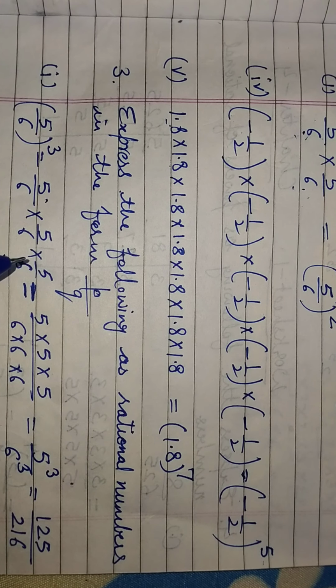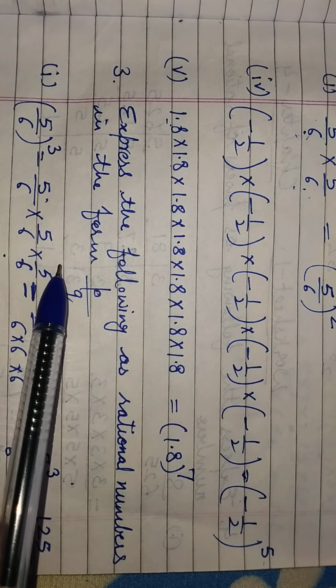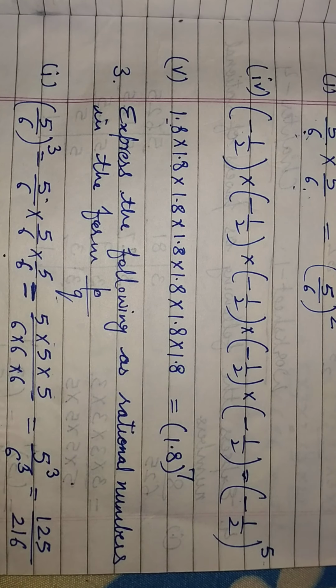Whenever we multiply rational numbers, we multiply numerator with numerator and denominator with denominator. 5 multiply 5 multiply 5, and 6 into 6 into 6. 5 is given 3 times, you can write it as 5 raised to the power 3, and 6 raised to the power 3. 5 into 5 into 5 gives the answer 125, and 6 into 6 into 6 gives the answer 216.